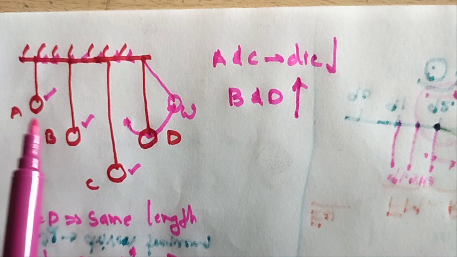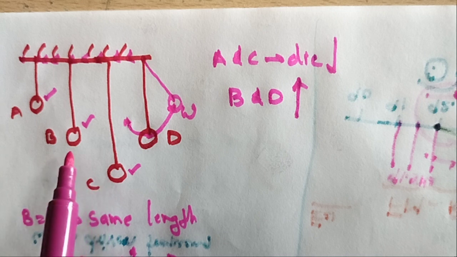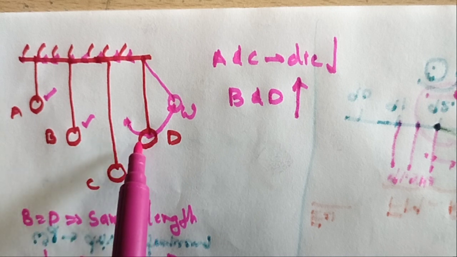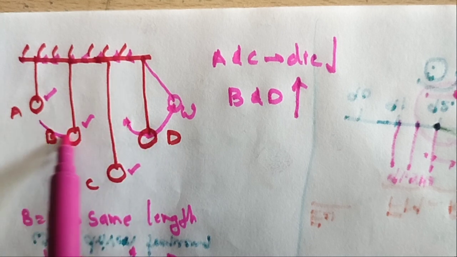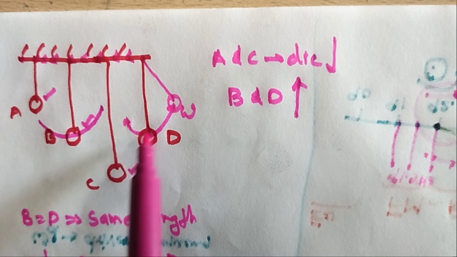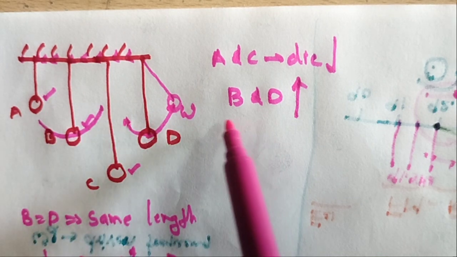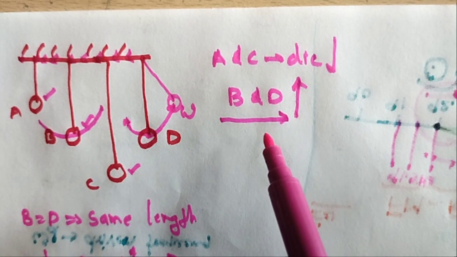What is your observation? The amplitude of A and C decreases, but B and D do not decrease. B and D both oscillate with maximum values, always oscillating very fast. What is the reason?